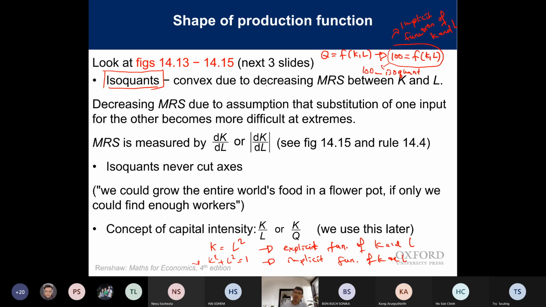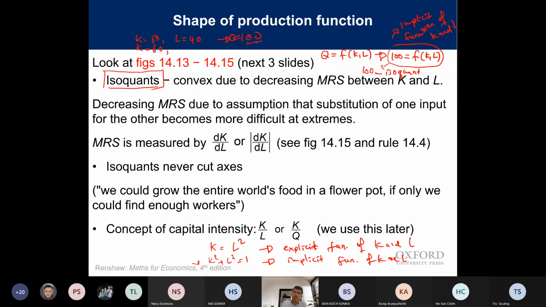For example, let's say if you combine K equal to 50 and L equal to 40, that will lead to a Q of 100, right? So what if you increase K to 60? Please answer me.